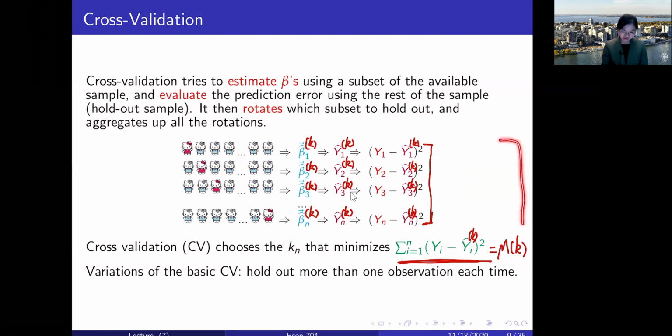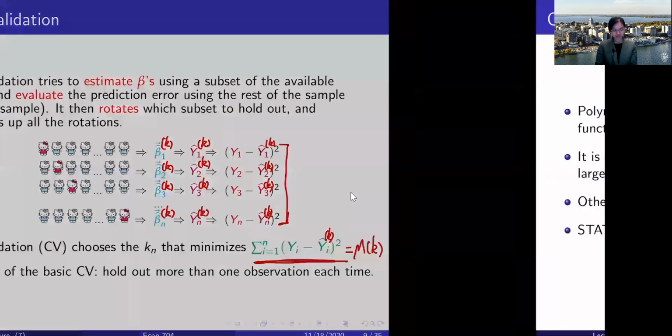So this one is actually this one with a large estimation sample and a holdout sample containing only one individual. This is the basic version of cross-validation. And there are other variations depending on how many observations you hold out. But the idea is pretty much the same. So use cross-validation to choose your K in this way.